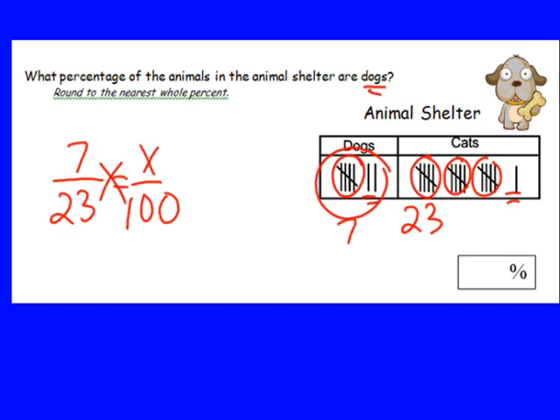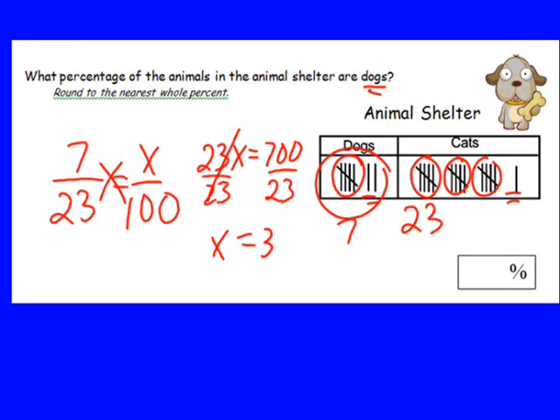So we're going to cross multiply, use cross products. 23 times x is 23x, 7 times 100 is 700. I'm going to divide each side by 23 to isolate our variable. And then 700 divided by 23 would give us 30.4.